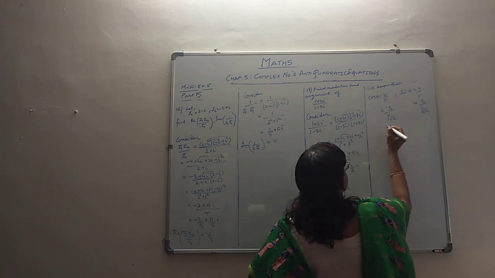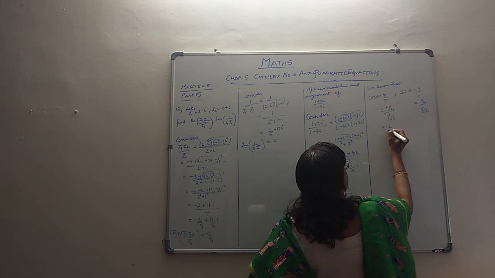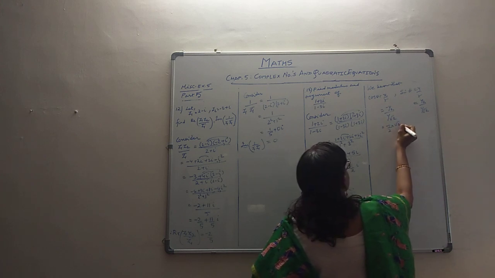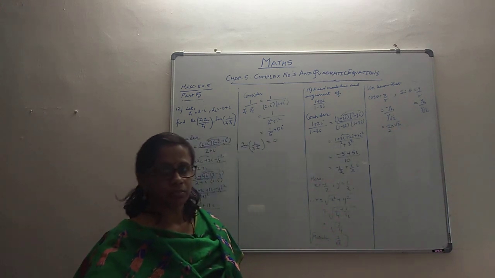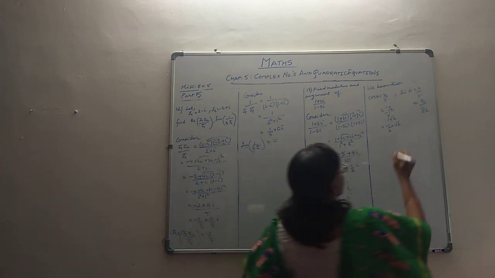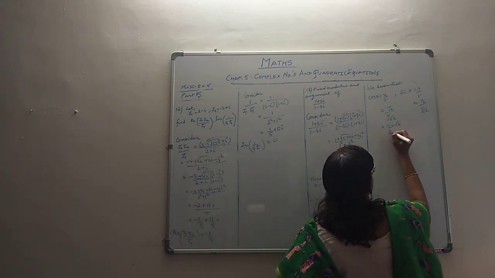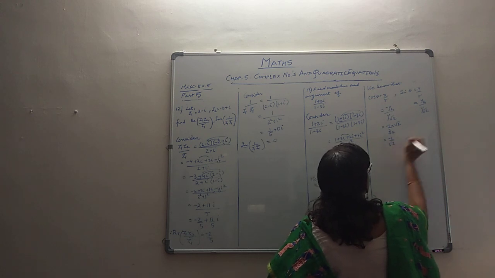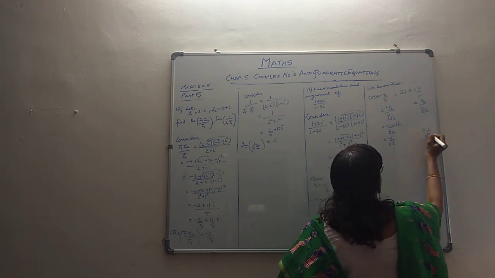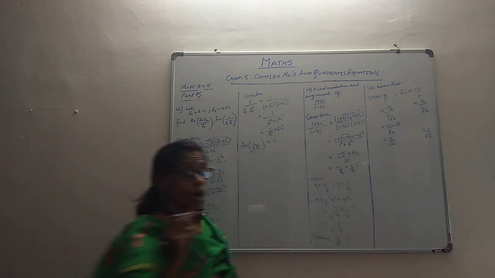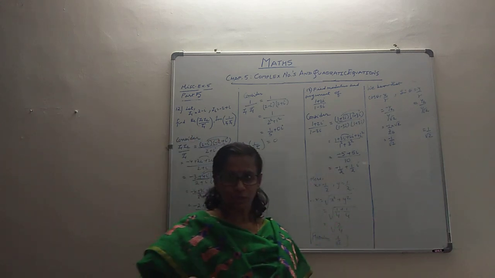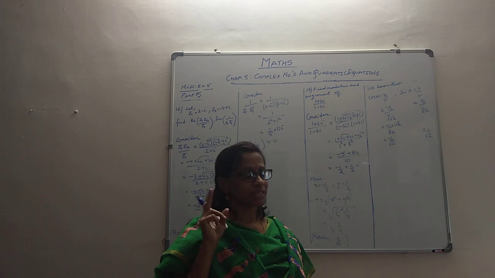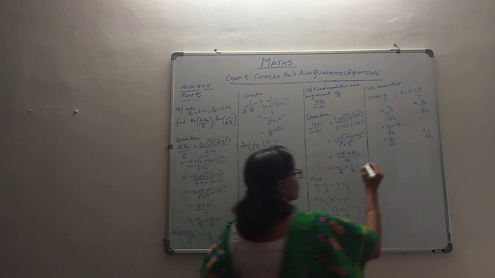How does it solve? Minus 1 by 2 into root 2, division by a fraction is multiplication by the reciprocal, and that way, because it's root 2 into root 2, the root 2 will cancel and you'll get minus 1 by root 2, and also here it will be positive 1 by root 2. So cos is negative but sin is positive. Where does this happen? It happens in the second quadrant.